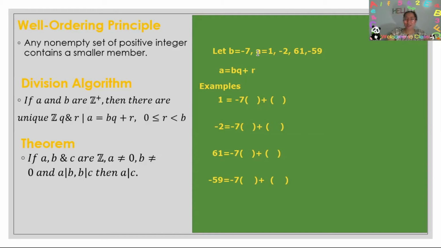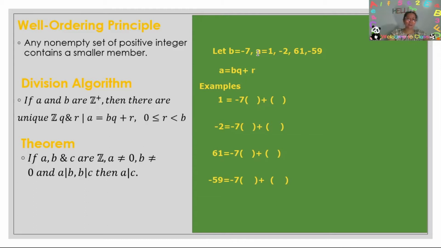Let B equal -7, and A equal 1, -2, 61, and -59. We're going to express the result as A is equal to BQ plus R. So we're going to find the division algorithm given that B is -7 and A will be 1, -2, 61, and also -59. The first example that we have is 1.